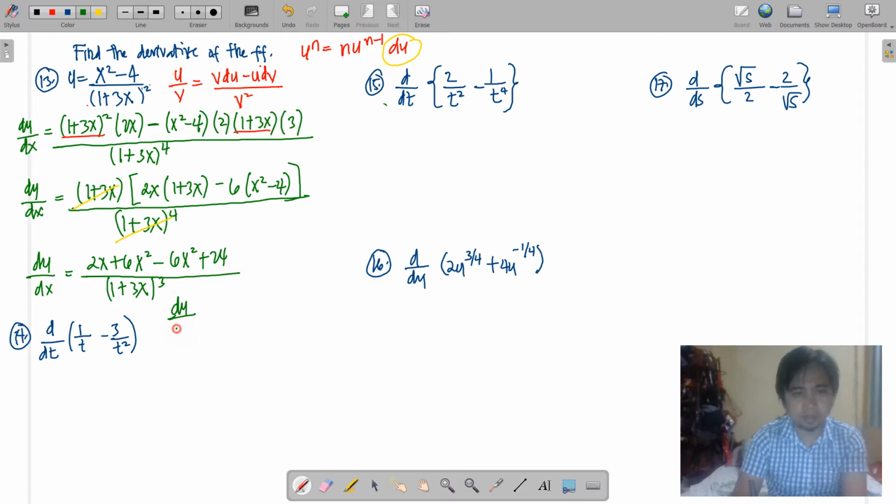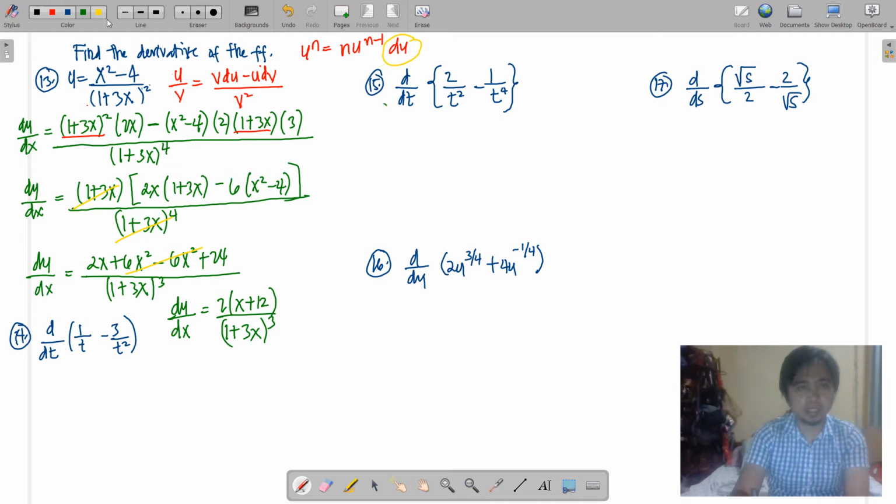Again, we can factor out 2 between 2x and 24, so we take out the 2, leaving x plus 12, all over 1 plus 3x cubed.